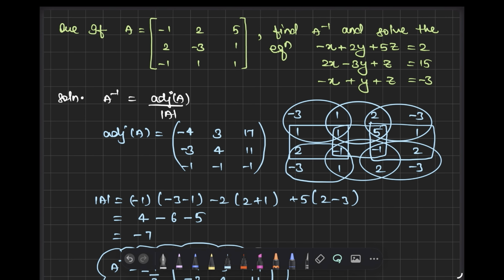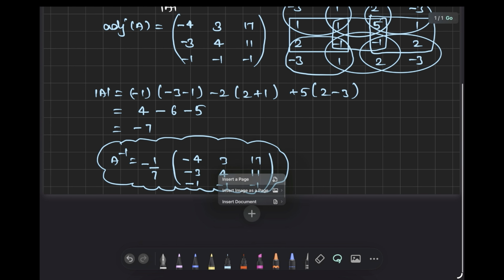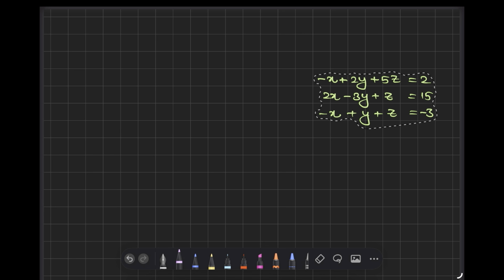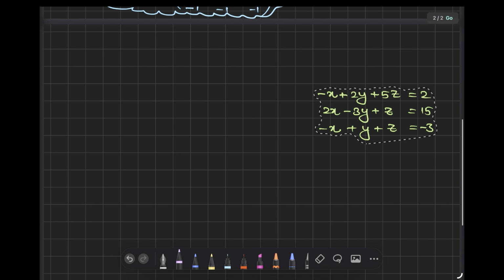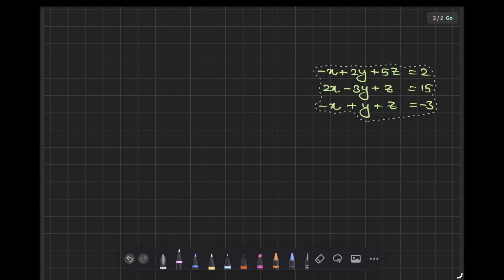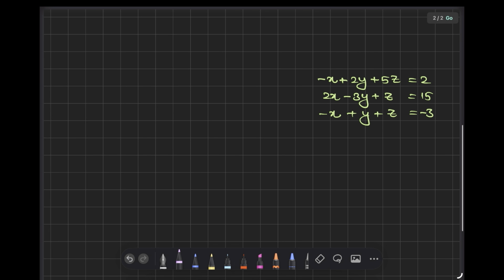Now look at this part. So we got our equation this way.